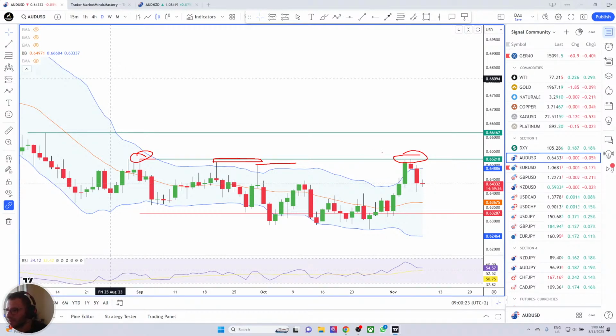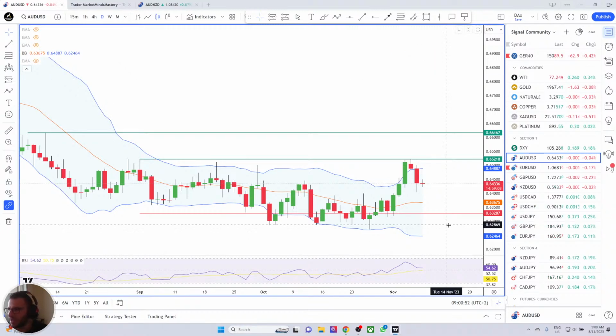It depends on the currency pair, because we have the indicator, the ATR, the average true range, and on this indicator we can get how much is the range of each currency.